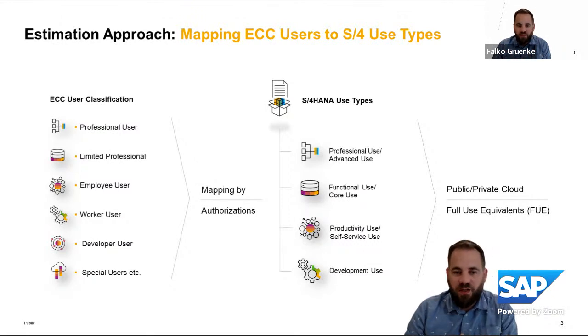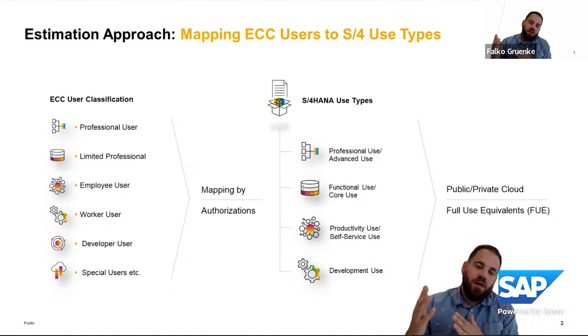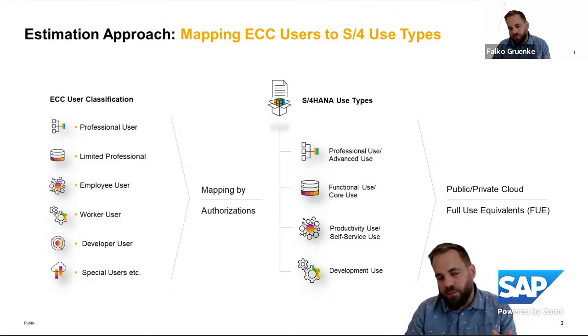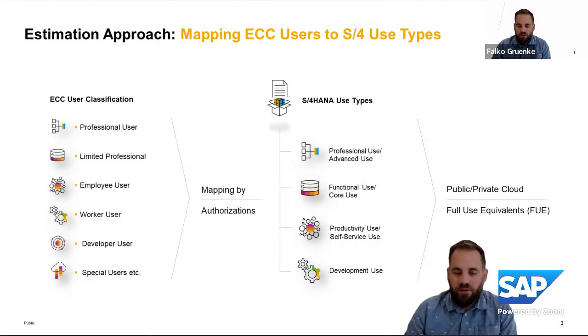As soon as we have identified the right user types for your current user population, when you're moving into the cloud, we can also identify, based on the factors, the full use equivalent. All this is happening within your system based on your existing authorization assignment, independent of any of today's contractual language or contractual user types.